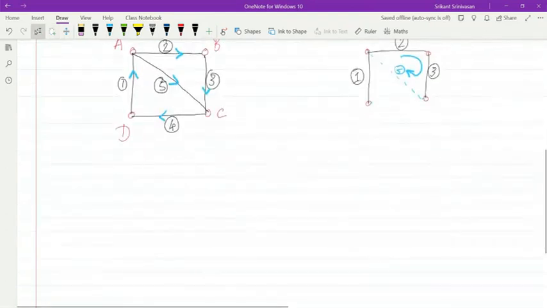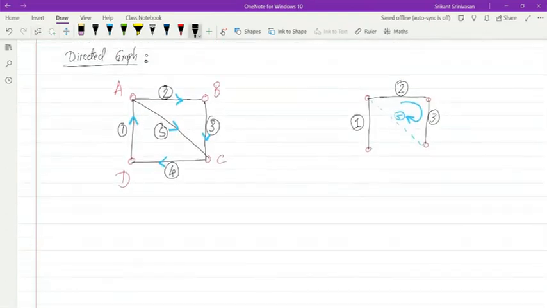So let us take the concept now of the incidence matrix. The basic incidence matrix is a rectangular matrix that has all the nodes as the rows and all the branches as the columns.